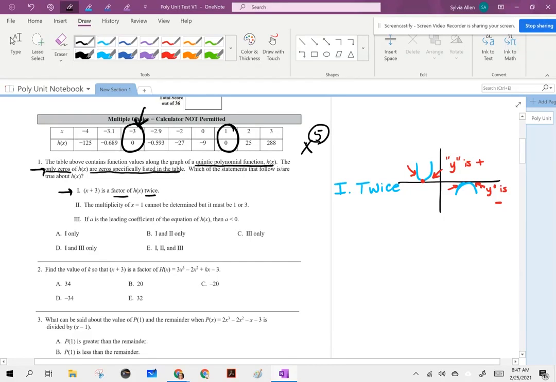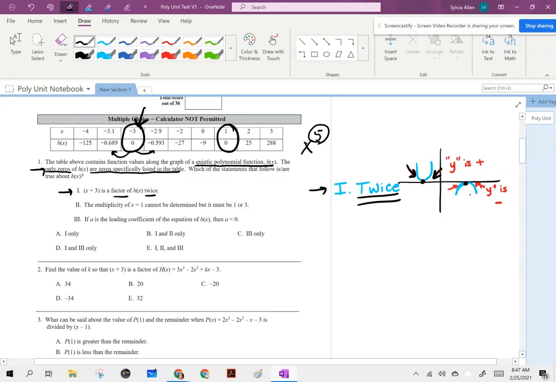Let's take a look at the y values. Well, I've got a negative y value on the left, and I've got a negative y value on the right. So let's just take a look at what that would look like. This is our thinking process. Well, if you have a multiplicity of 2, that's going to have that bounce, right? It's going to be tangent to the x-axis, which means the y is positive on both sides of that, or the y is negative.